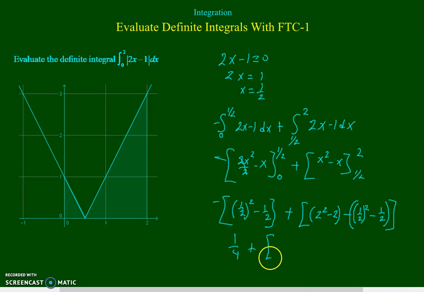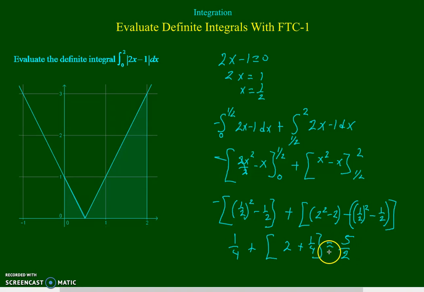Plus, that's 4 minus 2 is 2, minus, this is 1/4 minus 1/2, so that's negative 1/4, and negative times negative is positive, so that's plus 1/4. So that gives us 2 plus 1/4 plus 1/4 is 2 plus 1/2, which is 5/2.